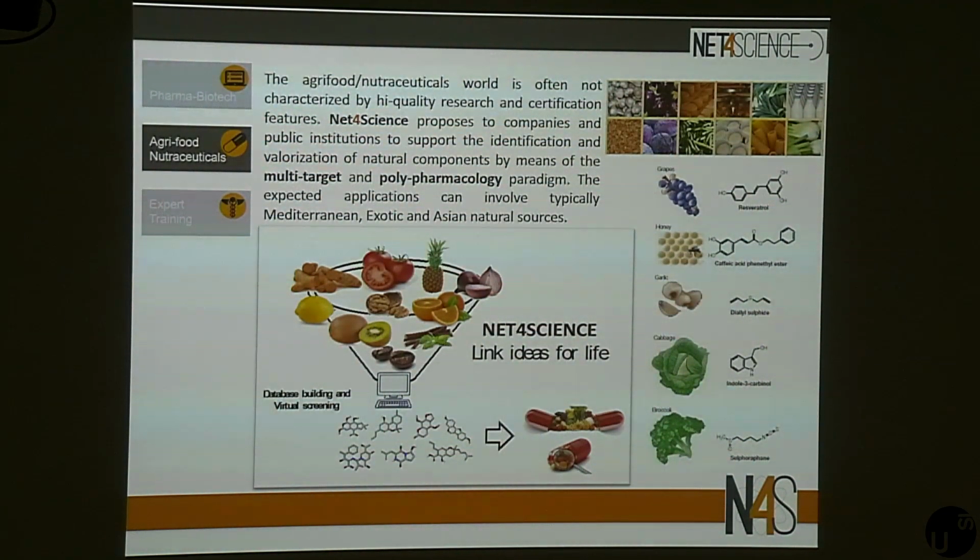Because the concept of multi-target can work very well in compounds from nature that, by the way, are in most cases multi-target by definition.